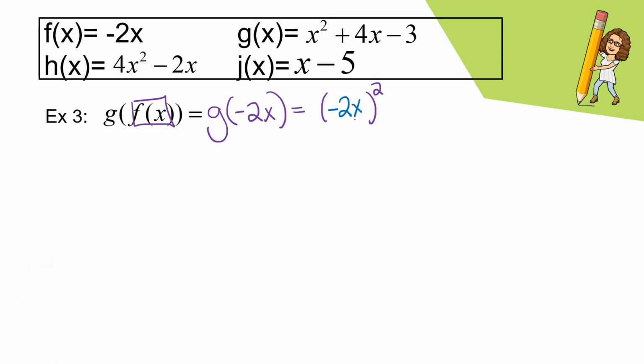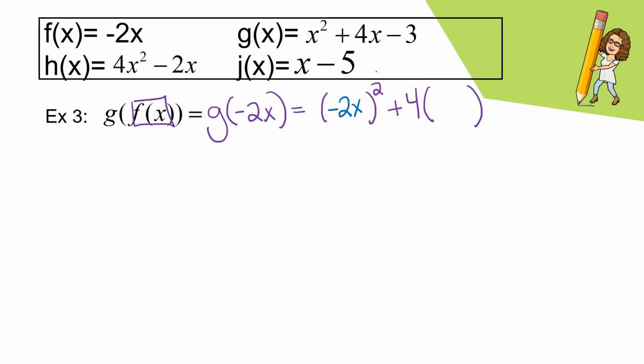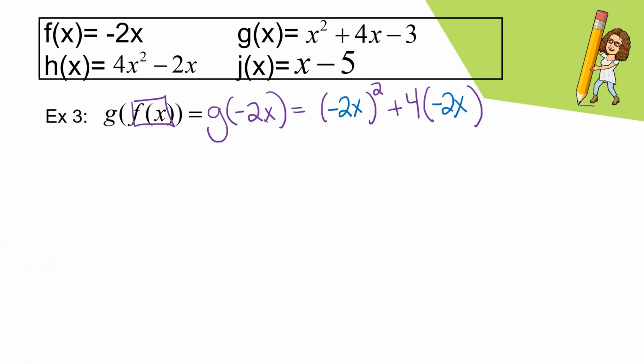Okay, now I gotta keep writing my g. So I'm going to go plus 4, another x. So I'm going to show that I'm going to plug into my x a negative 2x, because that's what they told me to substitute in. And I gotta finish my g.